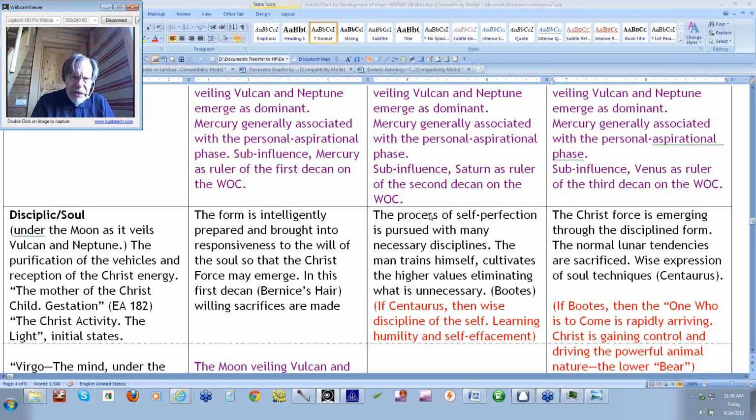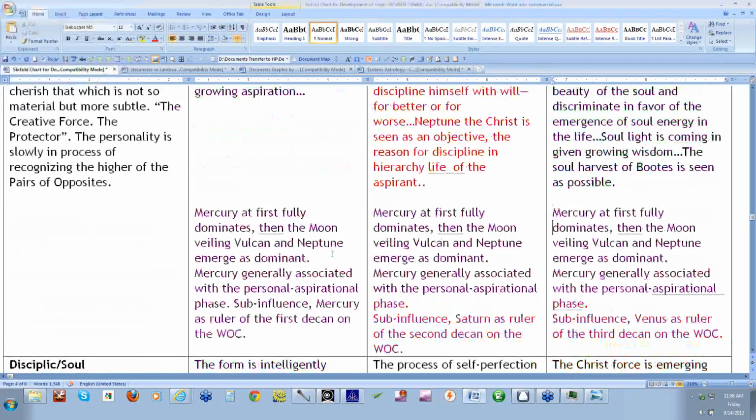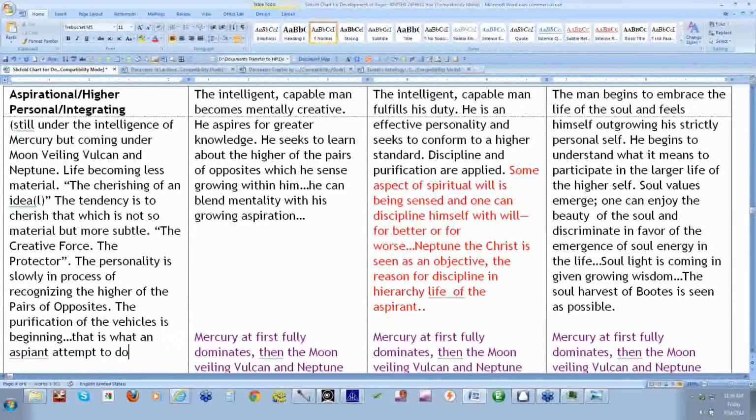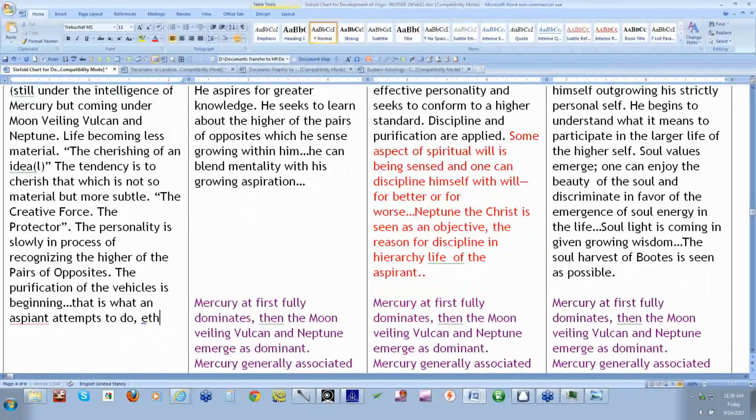Actually, you know, it would have been wise, I can see that, it would have been wise to say the personality slow coming process of recognizing the pairs of opposites, and I would say here, under the aspirational phase, the purification of the vehicles is beginning, because that is what an aspirant attempts to do, especially etheric subplane, that's not it, ESP, especially when in Virgo.